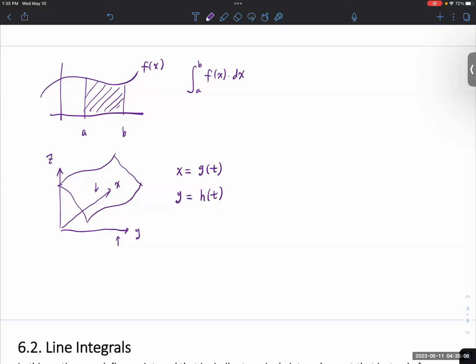If I'm looking for the line, let's say t must be between a and b. So let's say I have g of t on the x-axis, and g of a is aligned with the x-axis.